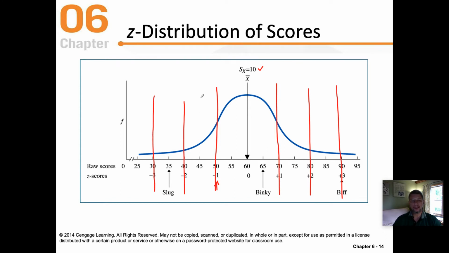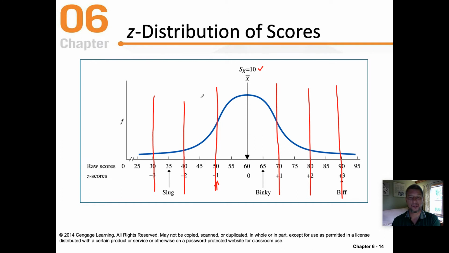Well, that means that Slug has a raw score of 35, which is a z-score of -2.5. Right. 35 is 2.5 standard deviations below the mean. Binky has a z-score of positive 0.5, right, because he's half of a standard deviation above the mean.